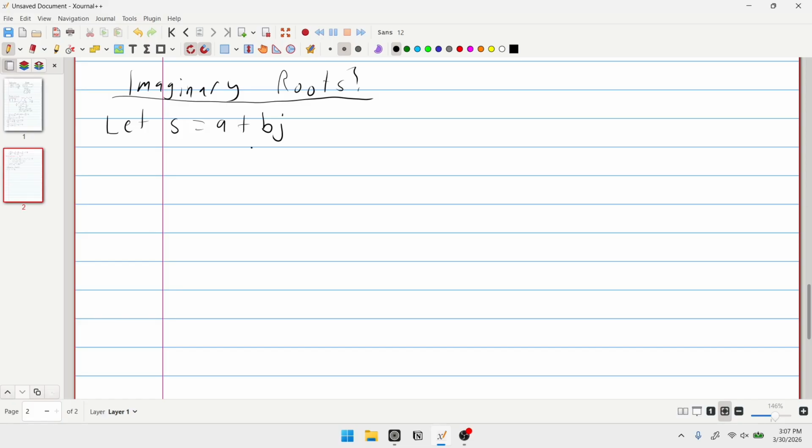Alright, so that means we would have a times e to the a plus bj times t from our solution. And then we're going to split this up because when there's addition in the exponent, we can multiply them out, right? So this would just be a e^(at) times e^(bjt), right?